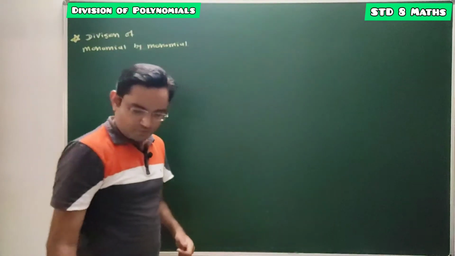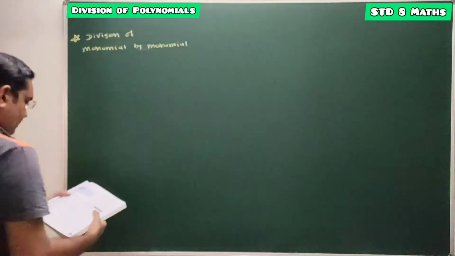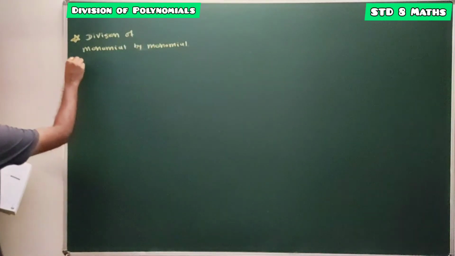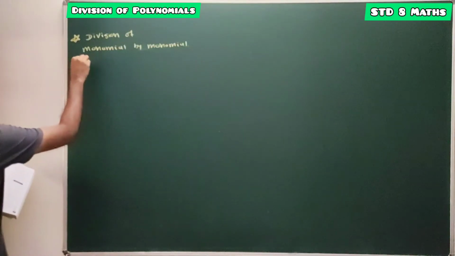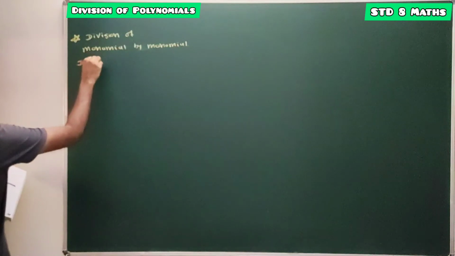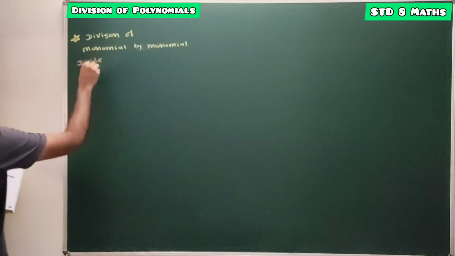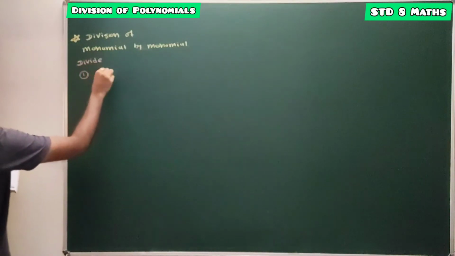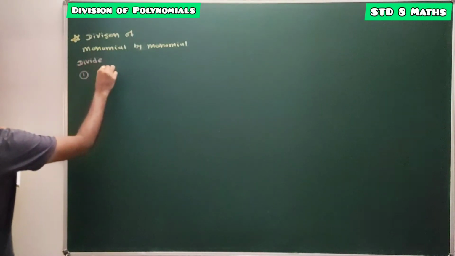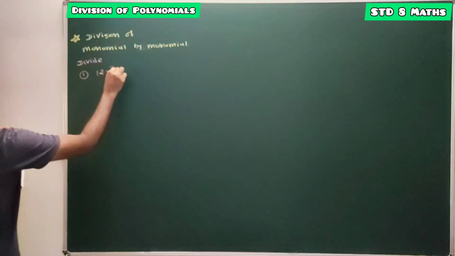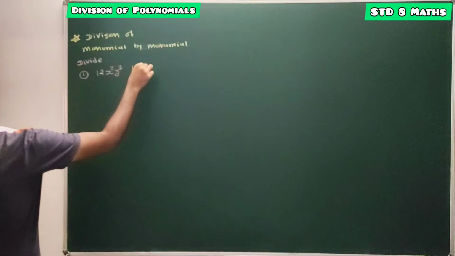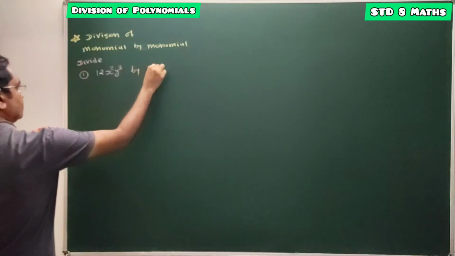Clear? So let's start with question number 1. First question is divide polynomial 12x square y cube by 3xy.